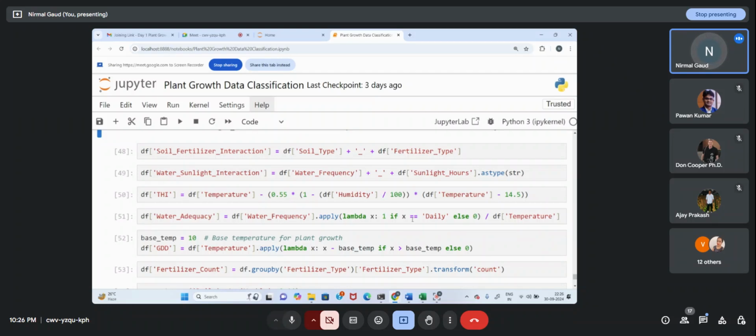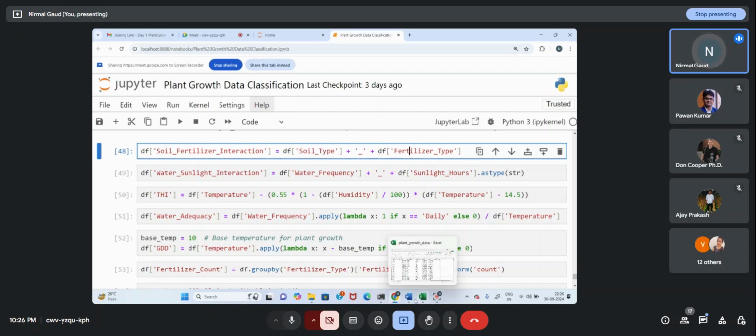Then I decided, can we do some feature engineering for this particular data? Okay, so soil fertilizer interaction, this is one of the features I created by considering the soil type and the fertilizer type.